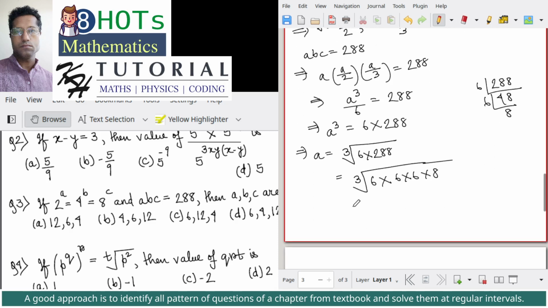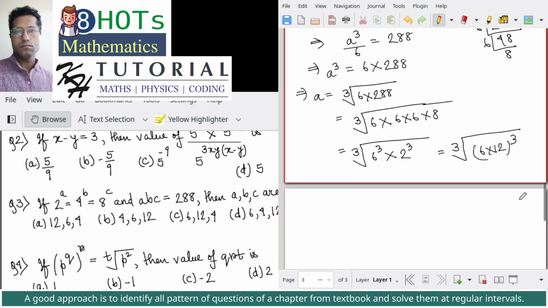We have three 6s, so it will be 6 cube, and 8 we know is 2 cube. So this is the cube root of 6 cube multiplied by 2 cube. I can write it as (6 into 2) whole cube.